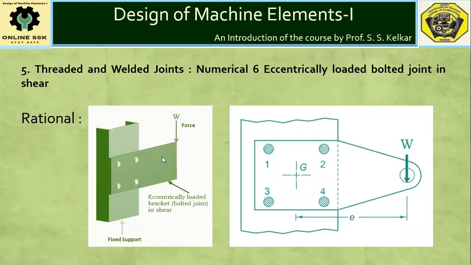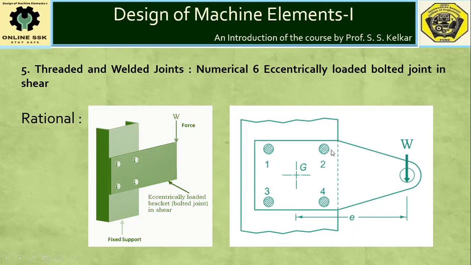Here one can notice that a plate or a bracket is attached to a support using Z number of bolts, and the bracket or the plate is subjected to eccentric load W. The load is called eccentric because it is not passing through the CG of the bolted system.